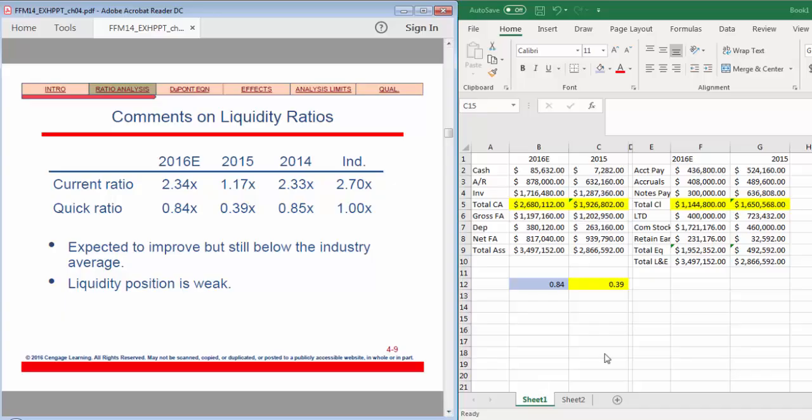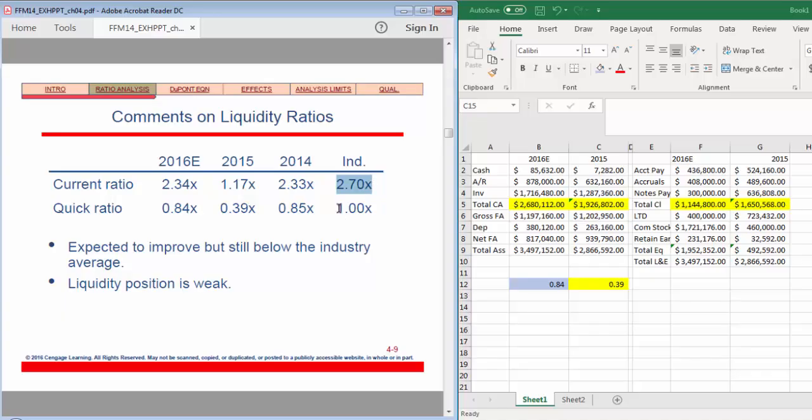So let's compare. This is the trend and benchmarking that we had discussed. For the current ratio estimate, we had calculated 2.34, the quick ratio is 0.84, and this is the comparison given to you. The industry average is 2.7. So we have a long way to go even to meet the industry average current ratio.